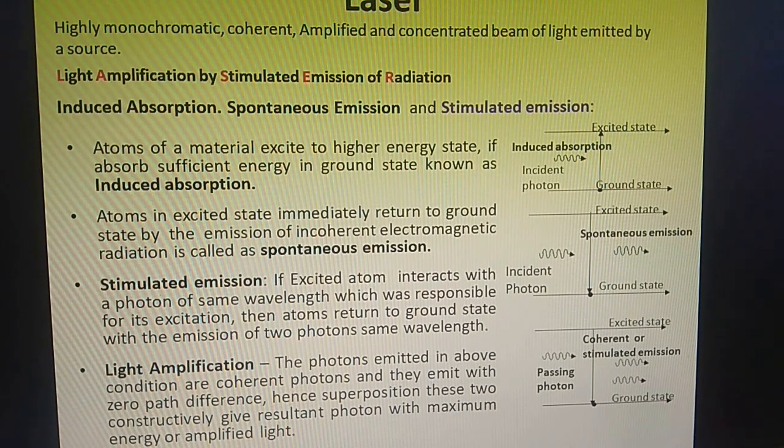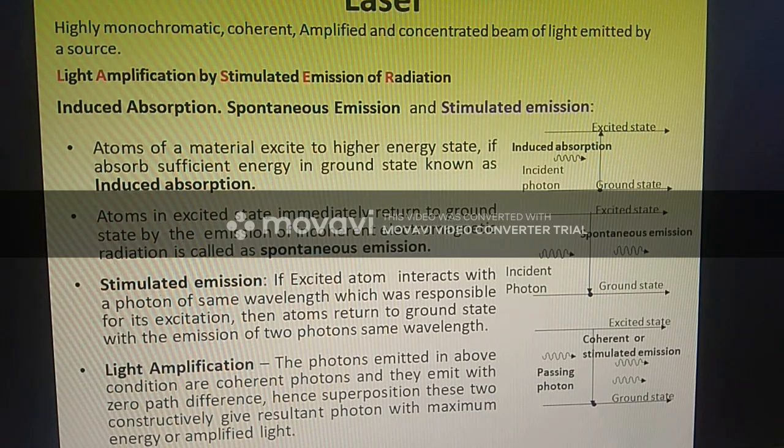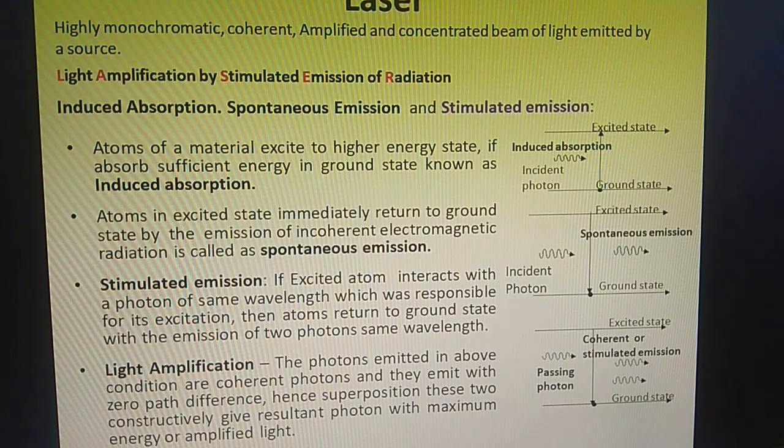In stimulated emission, what happens? By the application of the incident photon, the electron goes to the excited state. But when the electron is in the excited state, it absorbs another photon, another quantum of energy.